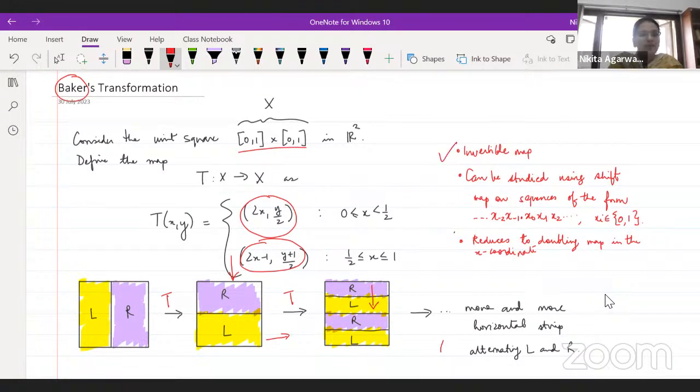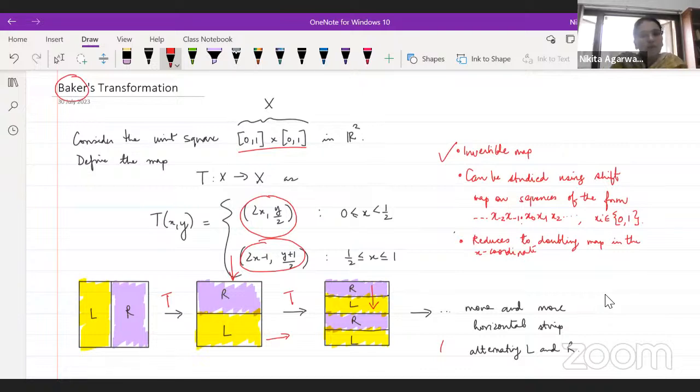And yesterday I said that when you have doubling map and the shift map on sequences, they are related, and we will exhibit that relationship today. But here also, this Baker's transformation has a relationship with a shift map on not sequences which were one-sided like yesterday, but two-sided sequences.